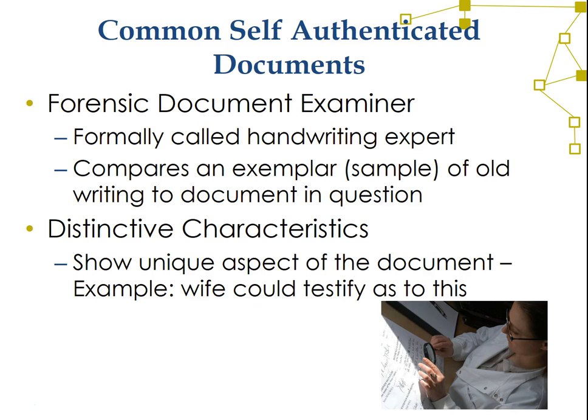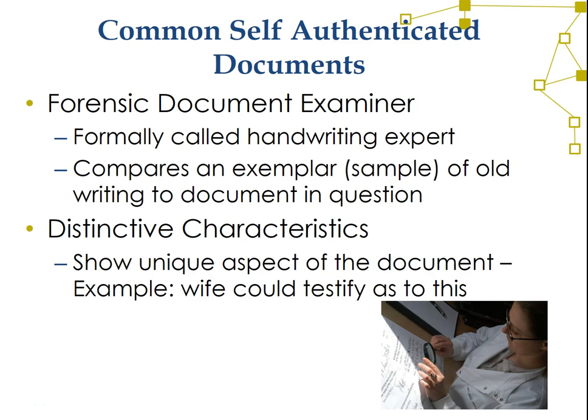And to do this job, it is usually necessary to provide the expert with an example, a handwriting exemplar or a sample made by the person who allegedly wrote the document. And we'll talk a little bit more about that as we move forward in the chapter.